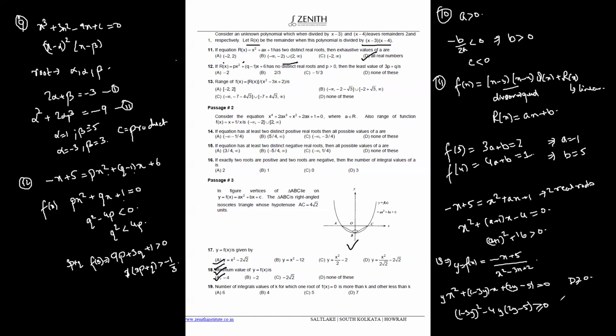We want this to be greater than or equal to 0 for all values of y, for all values of x. So simplify this: 1 minus 6y plus 9y square minus 8y square plus 20y greater than or equal to 0.